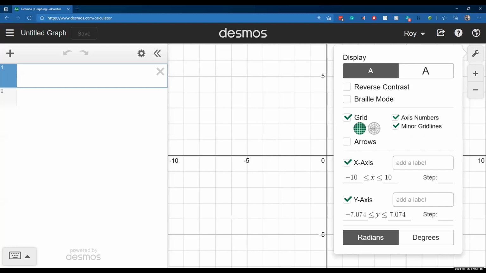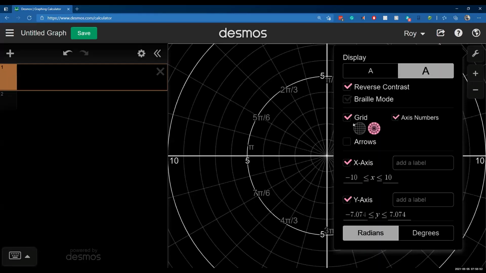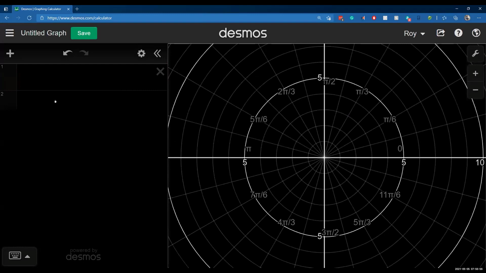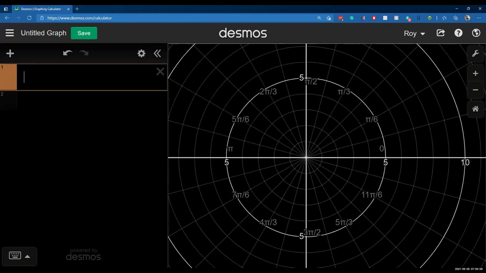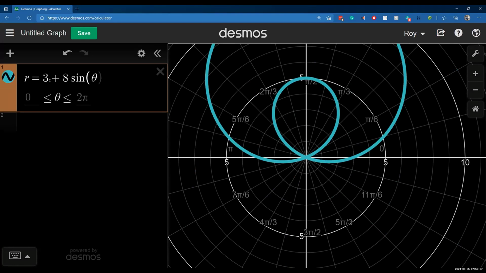So first of all, I'm going to go to a polar coordinate graph just so you can see the polar coordinate system there. And I'll do reverse contrast, take off the grid too. Oh, no, I like the grid in this case. All right. And our polar function was r is equal to 3 plus 8 sine theta. There we go.